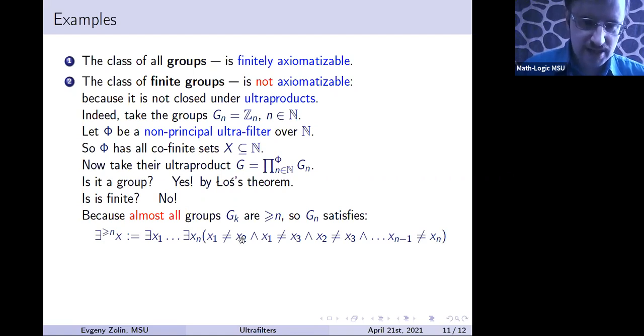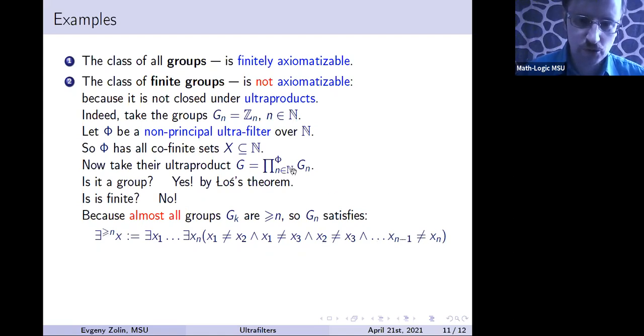And we can do the same for formulas that say there are at least n elements: there exist x1, ..., xn such that they are pairwise non-equal. Which groups satisfy this sentence? The group number n, n plus 1, n plus 2, and so on. There are cofinitely many numbers n such that the group Gn satisfies this formula.